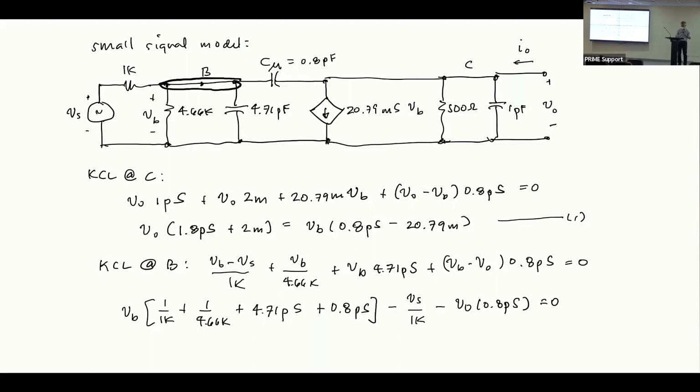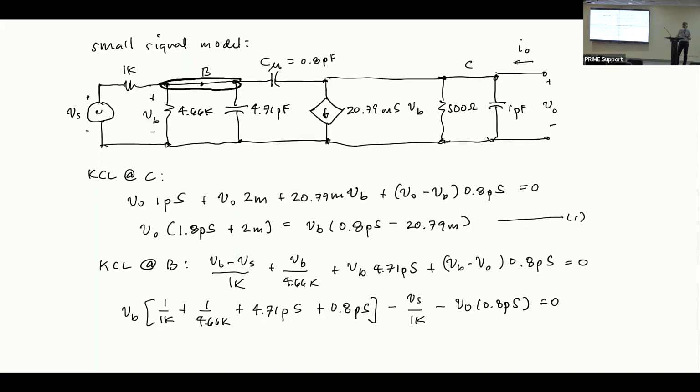Finally, okay, what is V sub B? I just transfer this both to the other side of the equation, then divide it by this after simplifying this. So let me do that. I'm going to come out with this, no? V sub B is equal to ito, no? V sub S over 1K is V sub S times 1M because 1 over 1K is 1M, no?